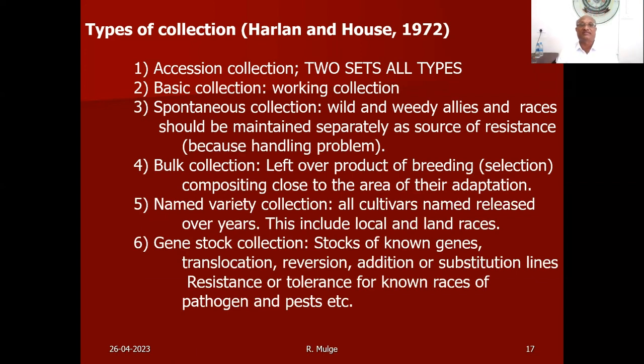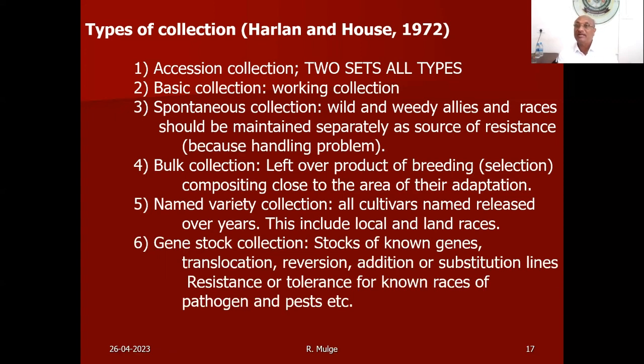Then the gene stock collection. So the stocks of known genes, that means one particular genotype is there that is having a novel character, maybe a male sterility gene it is having, or some anthocyanin pigment gene is there. That is known as a stock, right? Some genotype known for a particular gene. Stocks of known genes, maybe translocation also, reversion, addition, or substitution, like a chromosomal aberration that happened, but still you don't find that regularly.